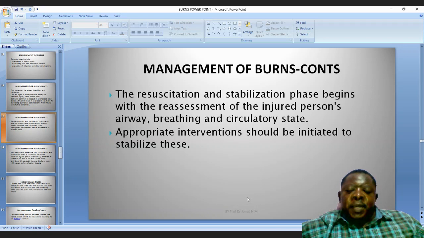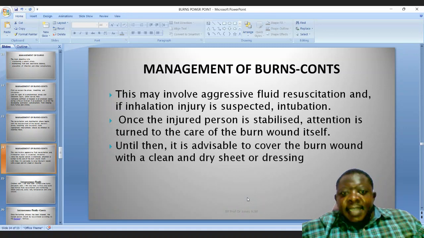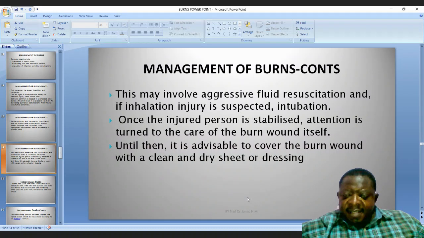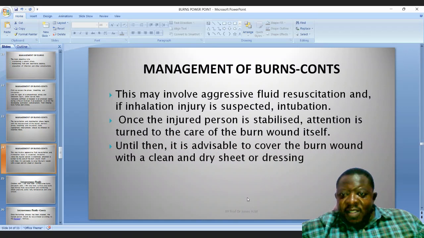And if inhalation injury is suspected, you may need to do intubation to help easy breathing, because it will be difficult to promote oxygen exchange if the upper part of the respiratory tract is blocked from the inflammation that may come because of inhalation. So where there is inhalation injury, intubation may be one of those things that you may do in order to promote a patent airway.